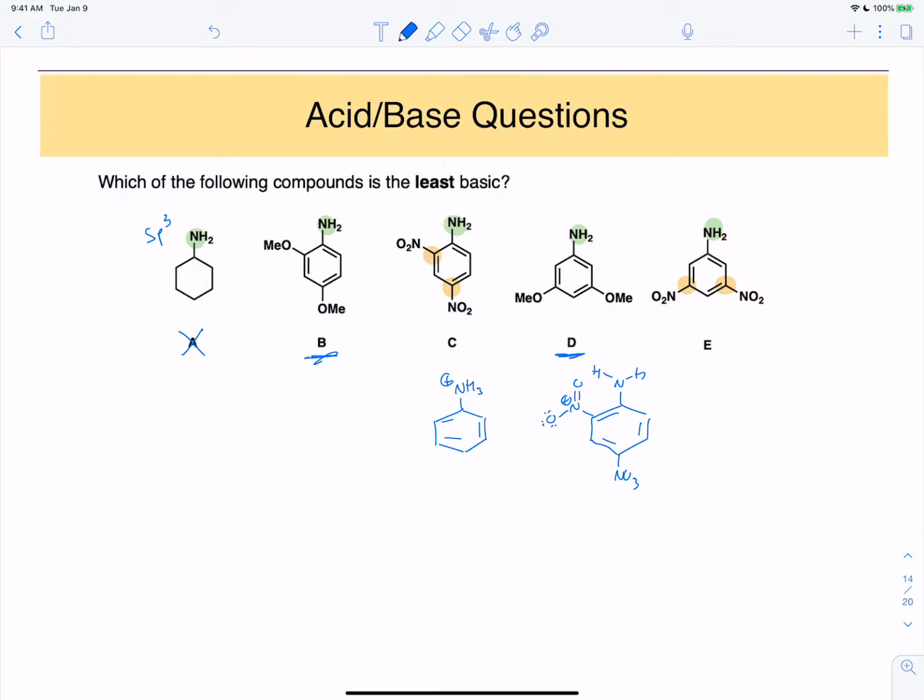So these nitros are much more efficiently taking the electron density out of this aniline, even before a proton ever enters the solution.